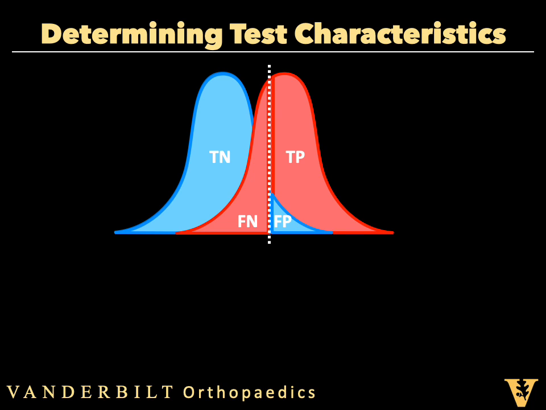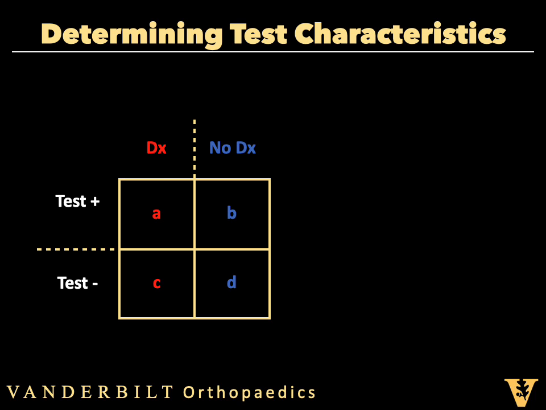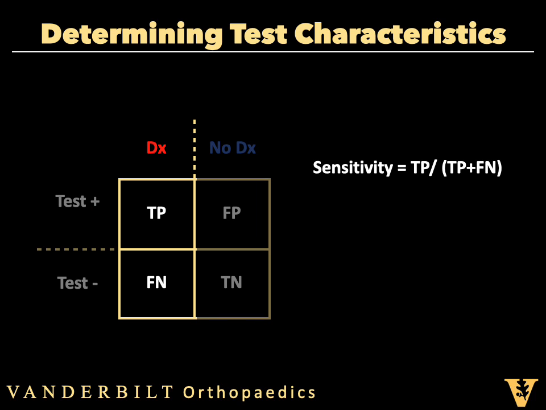That combination is represented in the confusion matrix, that 2x2 matrix. And we can look back at the letters, but also substitute them with those abbreviations, the true positives, the false negatives, the false positives, and the true negatives. Now, as we've all learned before, the test characteristic called sensitivity is going to be that true positive over the collection of true positives and false negatives.